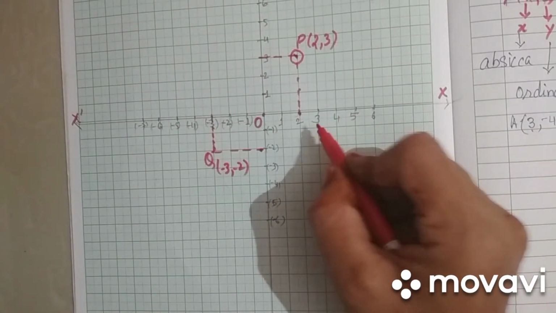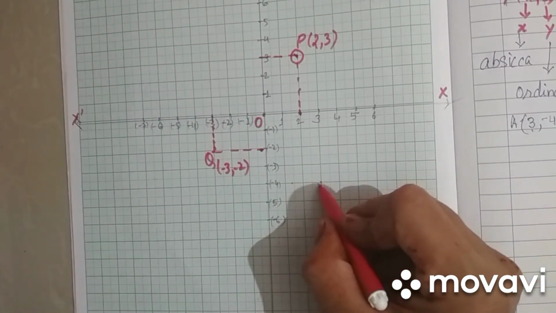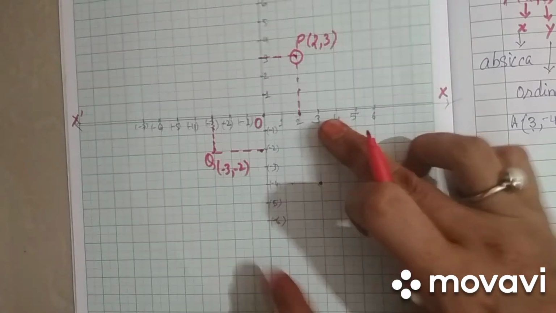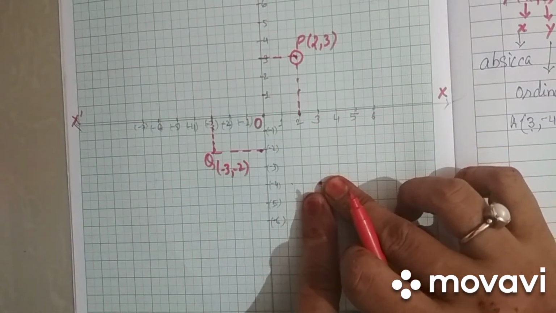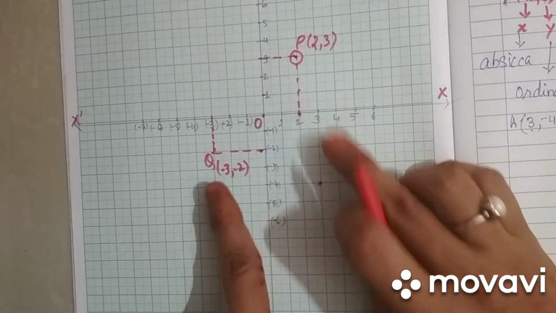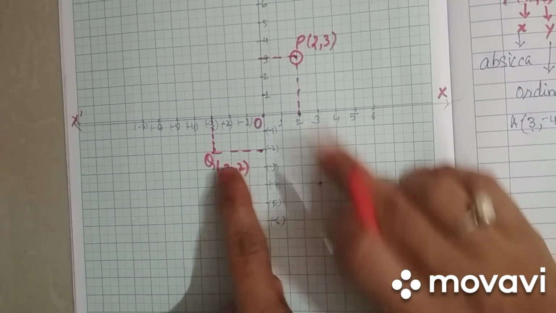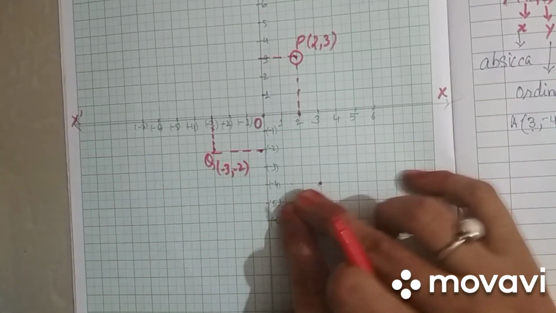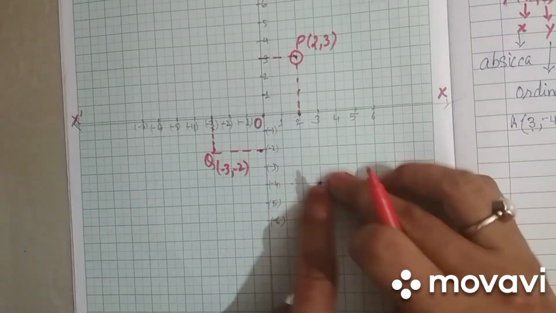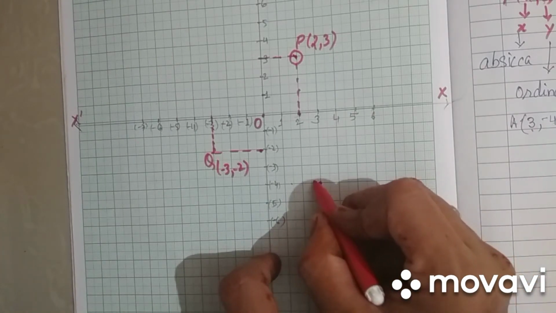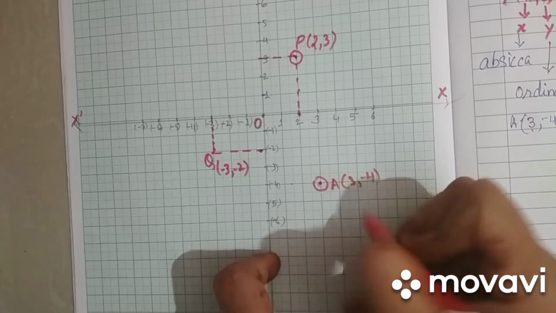So 3 here and move 4 in the y. Now, without drawing also you can see where both the perpendicular lines intersect. For this chapter you are drawing these perpendicular lines; for the next chapter I will not allow you to draw these lines. You just have to see where both lines intersect and name that point A (3, -4).